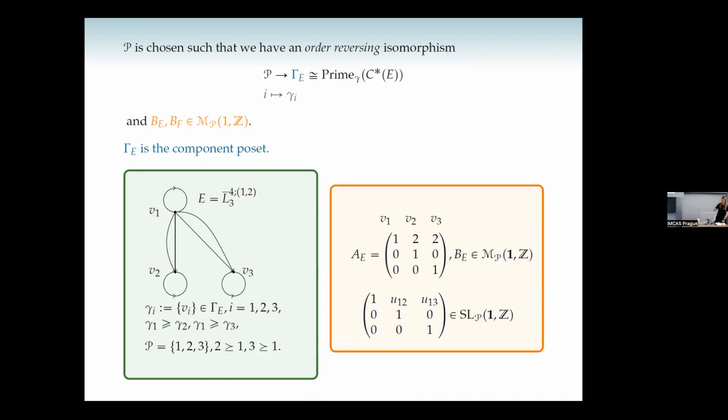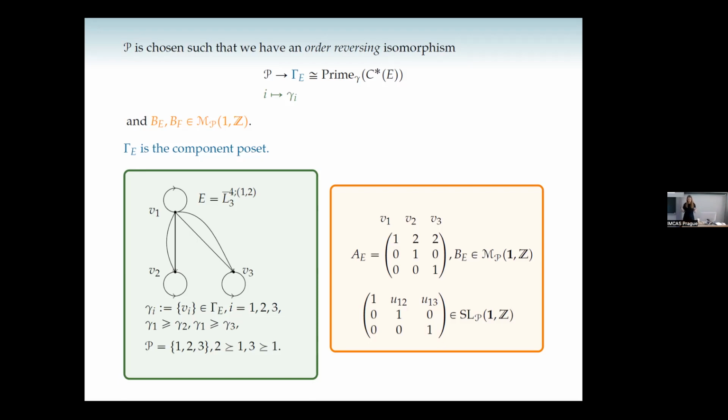And if I do it like this, I get precisely that this BE, where you subtract 1 from the diagonal, is inside this MP. And a general element in SLP will look like this. So you see that the point here is that the structure of your adjacency matrix captures the structure of those specific ideals we want to look at.